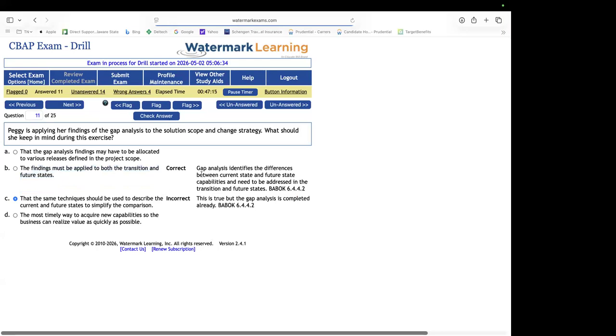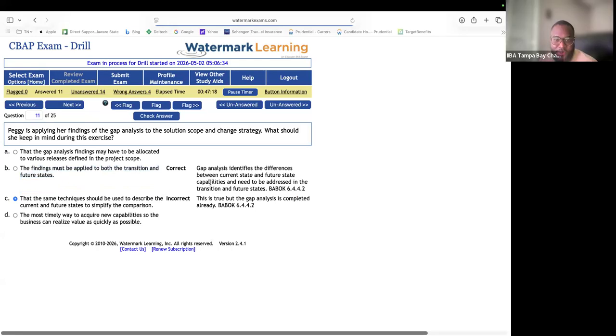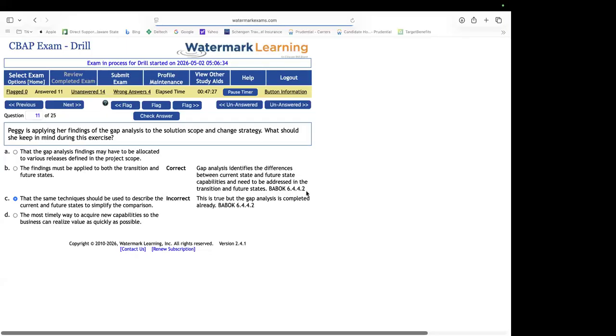And that's actually B. Gap analysis identifies the difference between current state and future state capability and needs to be addressed in the transition and future state. This is not clear for me, guys, I'm not gonna lie.